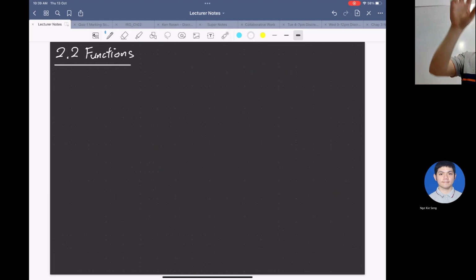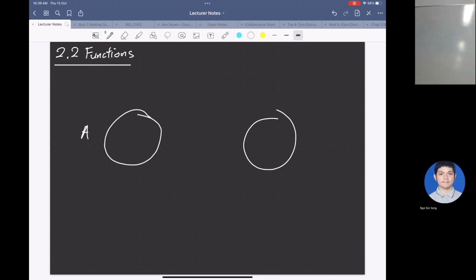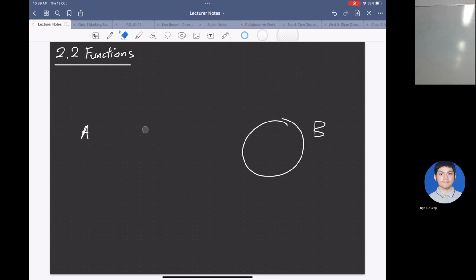Function is for you to go between sets. So let's draw this up. Let's say we have sets A and B. These are two sets here, and we want to go between them.